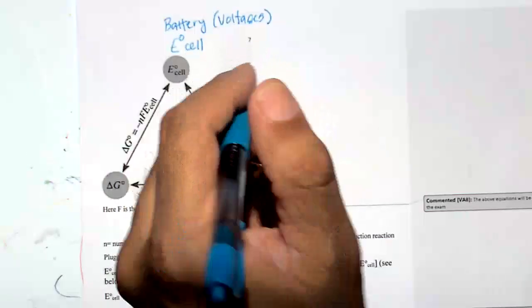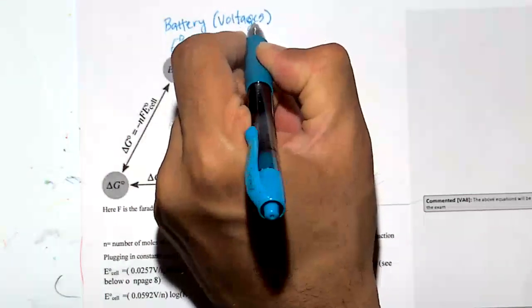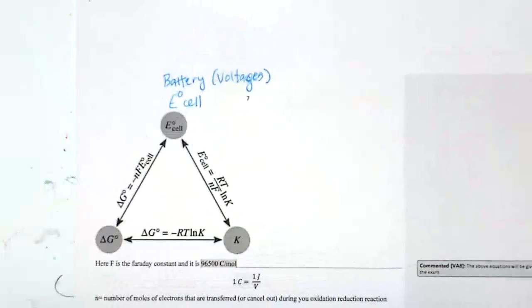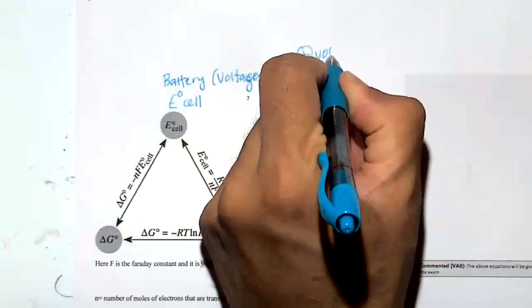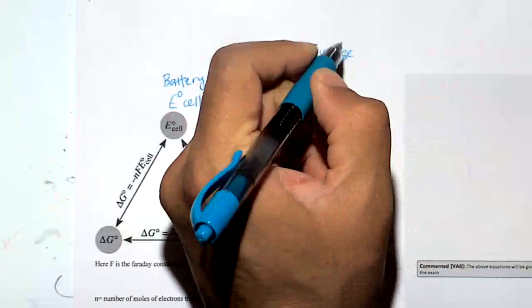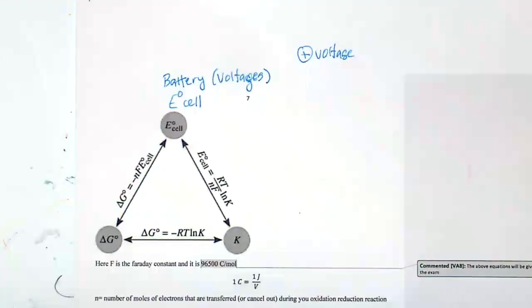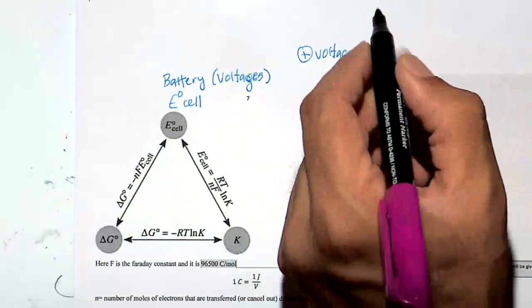All right, voltages, so we must remember that a positive voltage means that the electrochemical cell is favoring the products. Okay? We don't buy negative voltage. We buy 9-volt batteries, 12-volt batteries. We don't buy negative 9-volt batteries, negative 12-volt batteries.